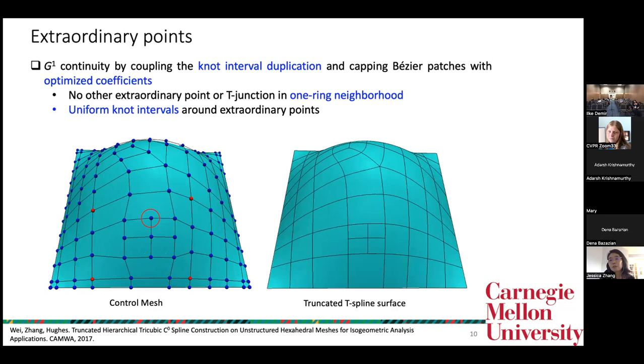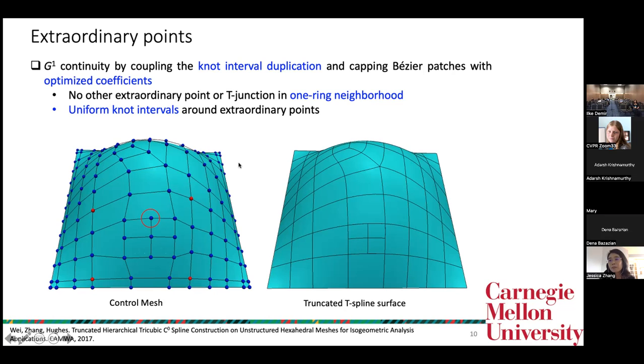And in 2D, you have a clear definition of the normal direction, so we can also get G1 continuity. But for this study, we don't allow extraordinary nodes to be within the two-ring neighborhood, though they can be on the boundary of the two-ring. We also use uniform node intervals around the extraordinary nodes.